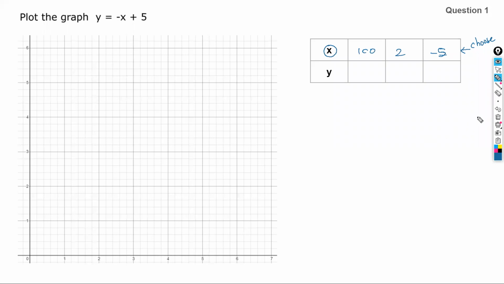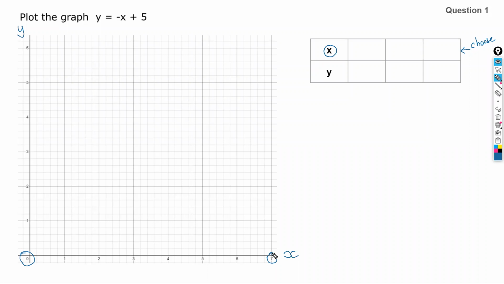Now, you have to be smart about choosing your X values. Let me explain what I mean by smart. Remember, your horizontal line is your X-axis and your vertical line is your Y-axis. You notice your X-axis starts at 0 and goes up to 7; usually the examiner will print the graph for you.